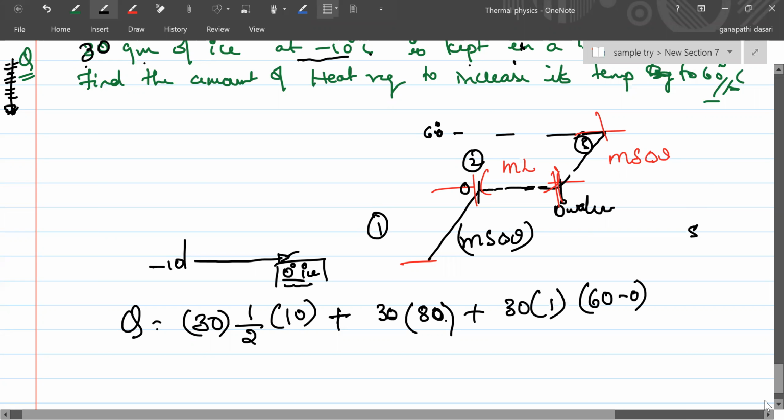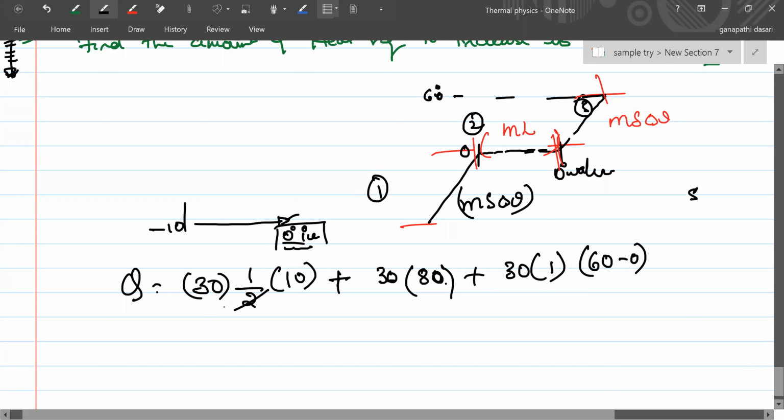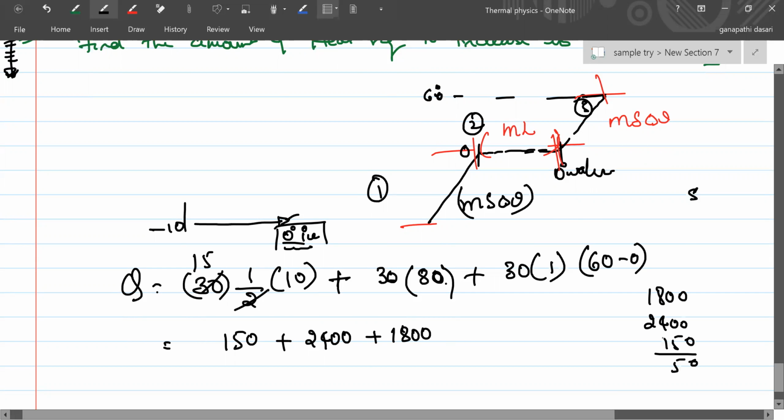So 150 plus 2400 plus 1800. Adding: 150 plus 2400 plus 1800 gives 4350.